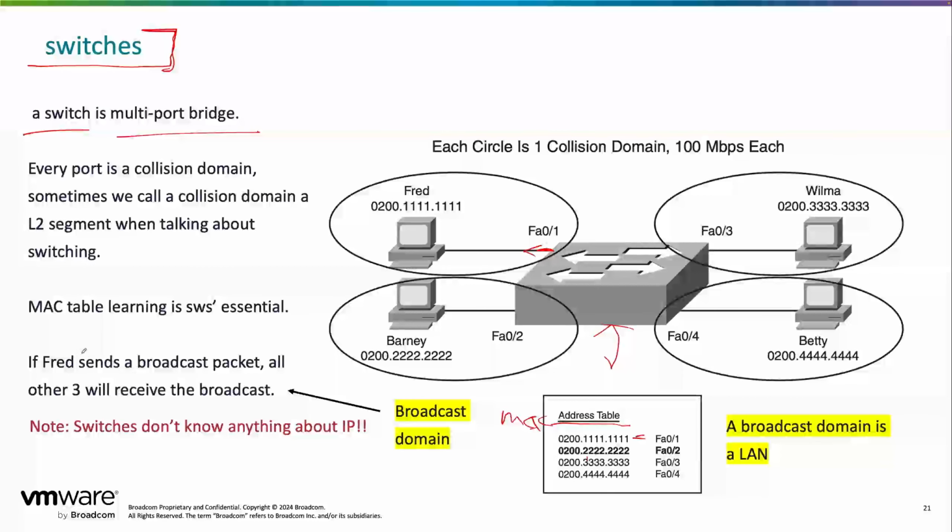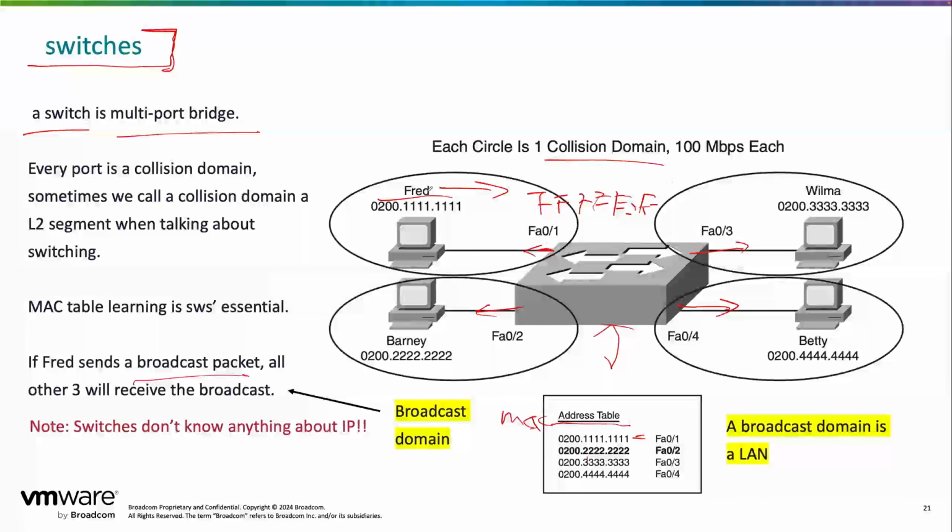After we talked about the collision domain, we talk about the broadcast domain. What does it mean? If Fred sends out a broadcast, for example FFFF, this is the layer 2 broadcast. A switch cannot block a layer 2 broadcast; it just sends it out of all of the interfaces, so everyone else can see this broadcast message.